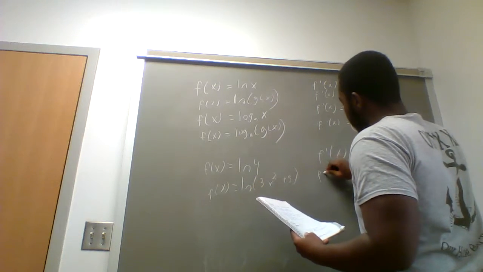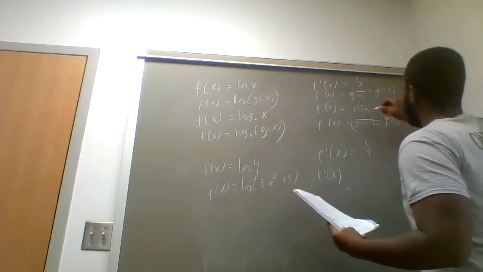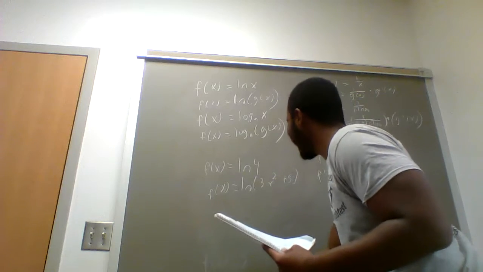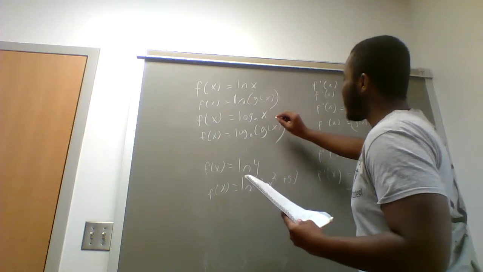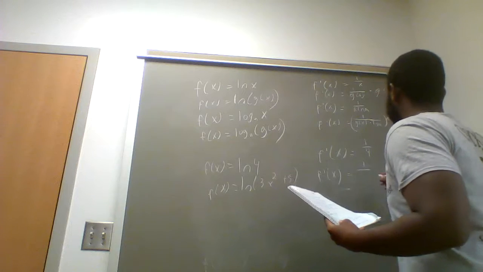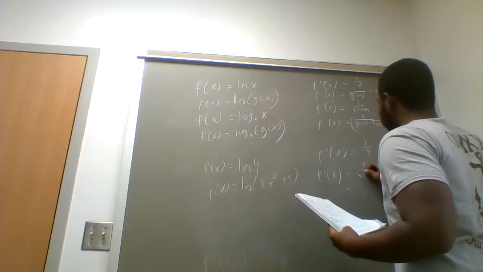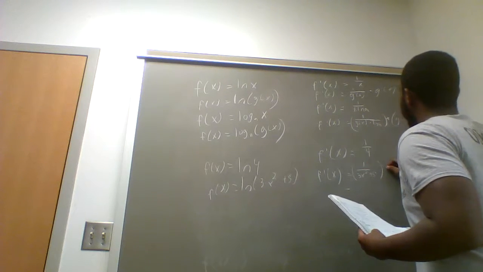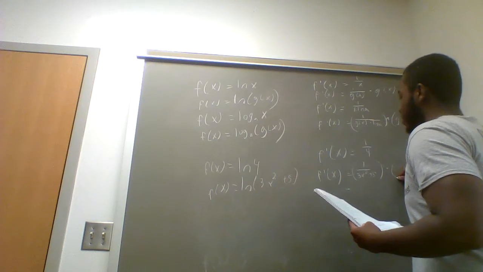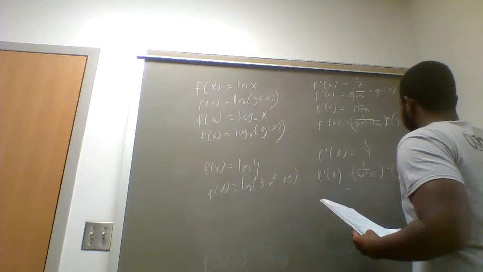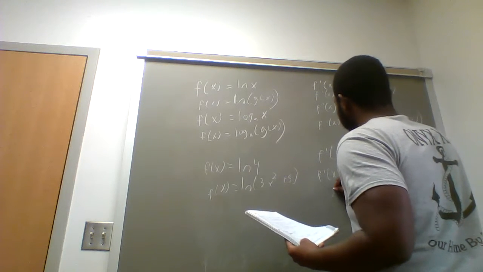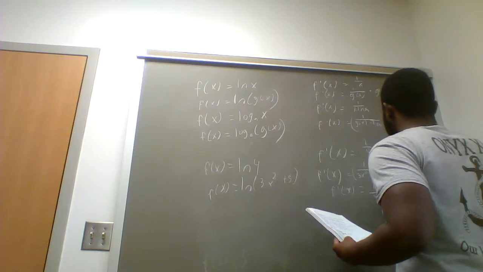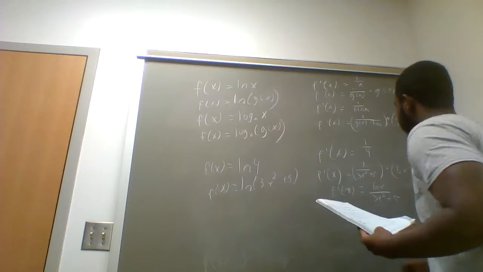So f prime of x will equal 1 over g of x, which is 3x squared plus 5, and that multiplied by g prime of x, which is 6x. And your answer is simplified to be f prime of x equals 6x over 3x squared plus 5.